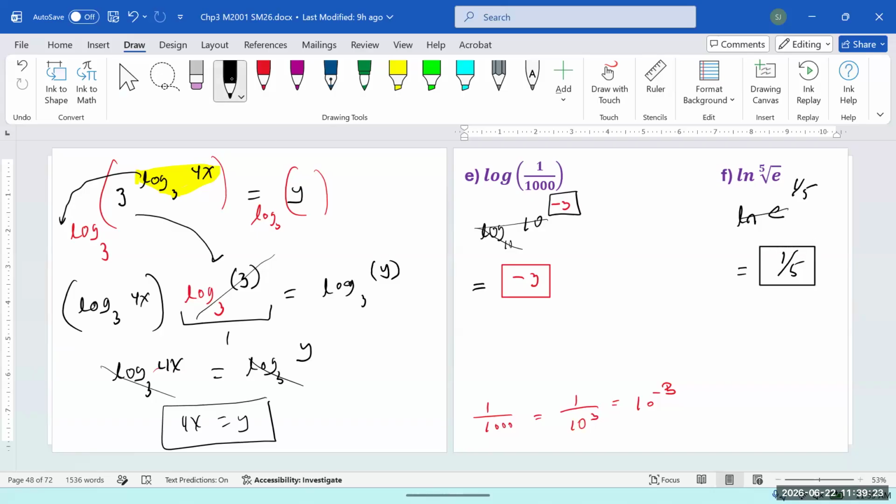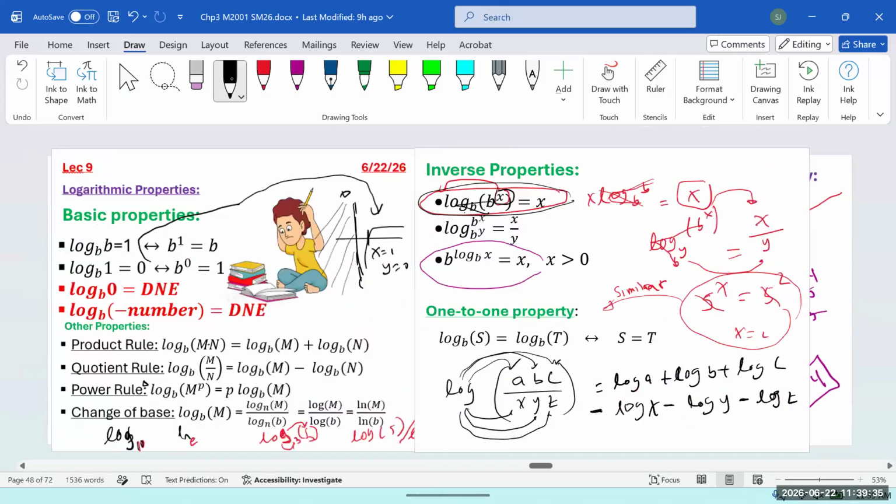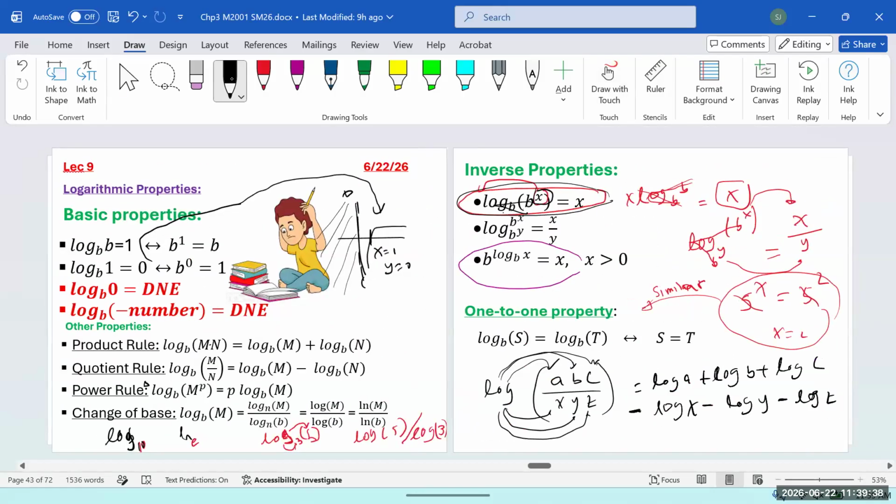Good job. Got them. So in the exam, I'm going to give a few of these to test your knowledge about all the power. And in the final exam, you definitely have to know the multiplication, division, power, and change of base. There will be one or two questions here, and definitely one question from here.